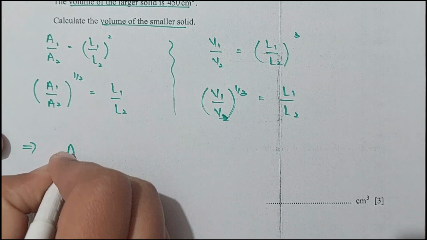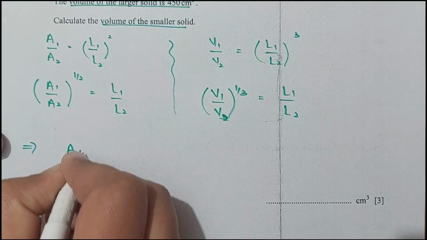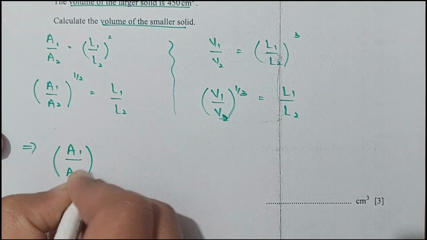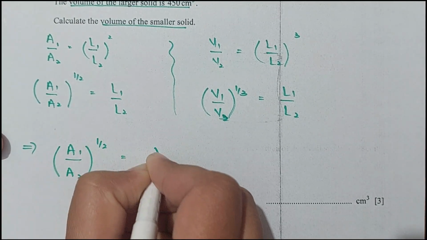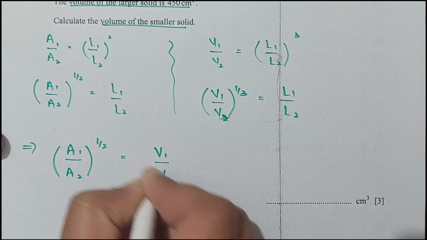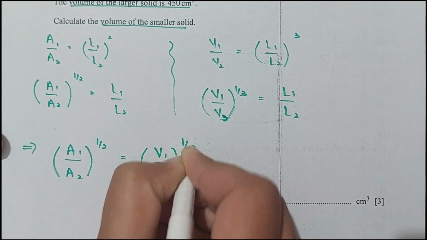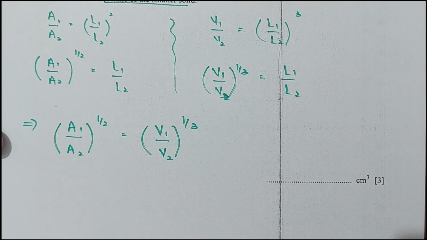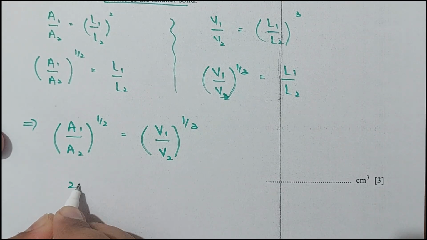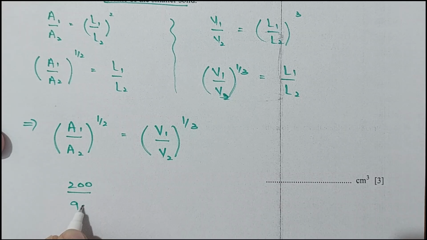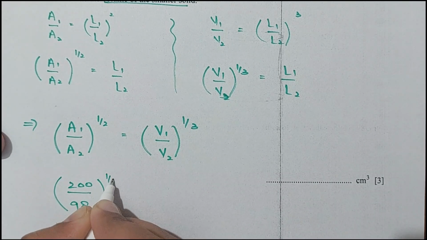Okay, so it means the area of the first and the area of the second, its power 1 by 2 would be equals to the volume of first over volume of second, its power 1 over 3. Okay, so let's say, area of the larger one is 200, area of the smaller one is 98, its power 1 by 2.